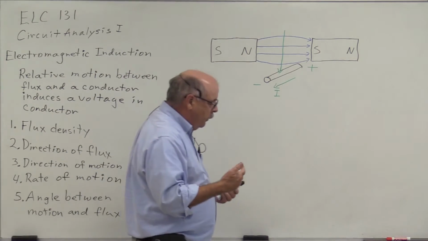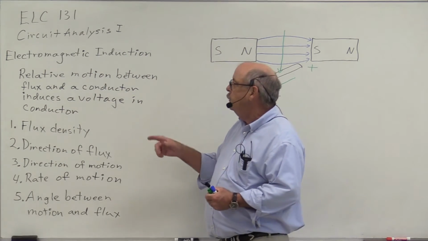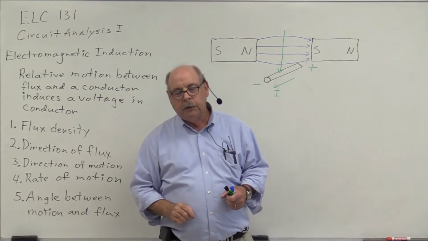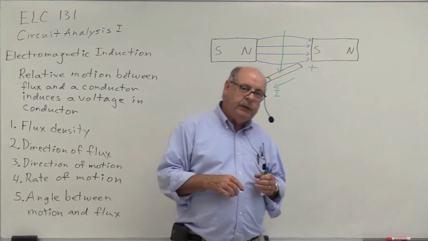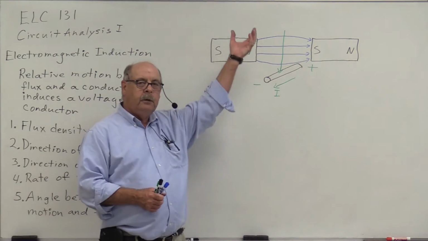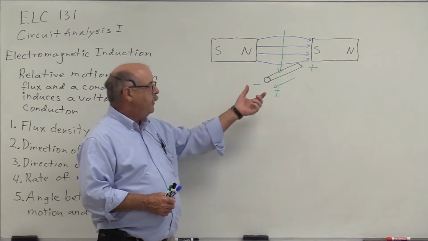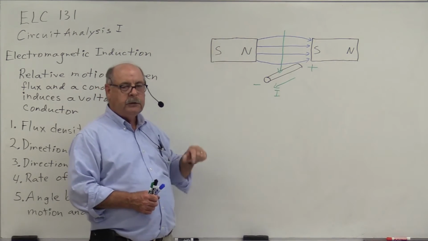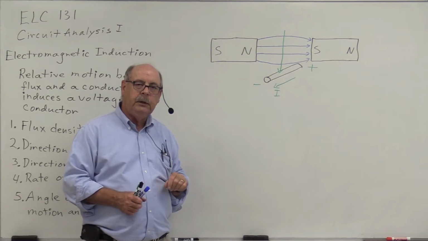Now, the terminology I used here is that there's relative motion between flux and the conductor. What this means is it doesn't matter if the flux is stationary and the conductor moves, or if the conductor is stationary and the flux moves, as long as there's relative motion between these two.